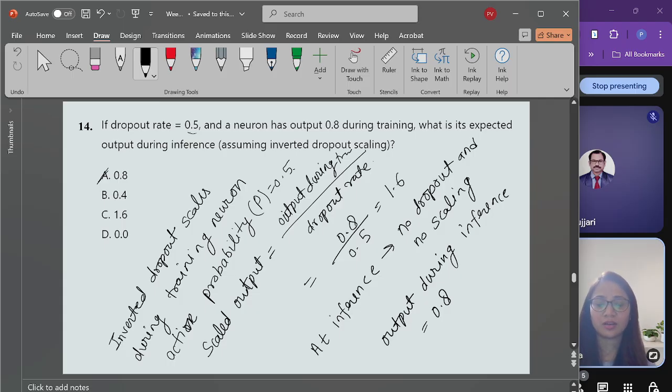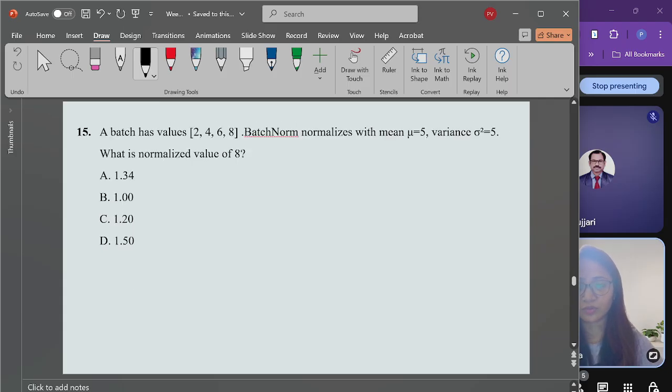Option A is the correct answer, because at inference there is no dropout and no scaling can be performed. So whatever the output during training, that will be the same during inference. I hope you are getting these questions. Now moving to our next question.